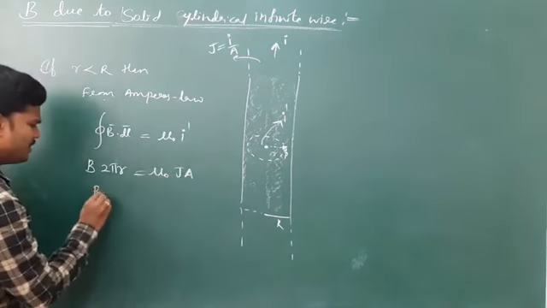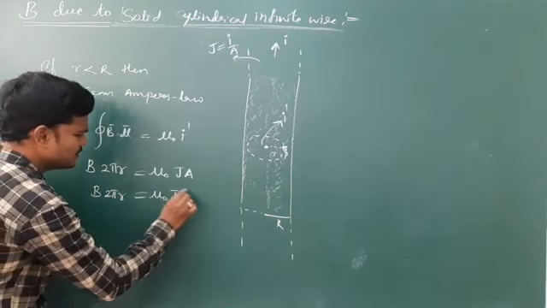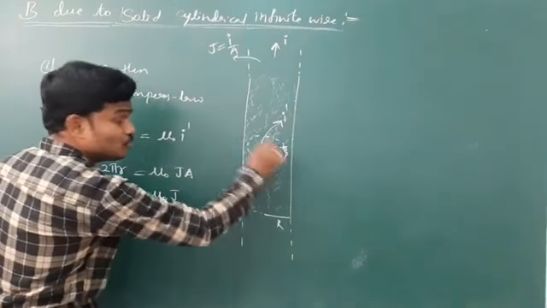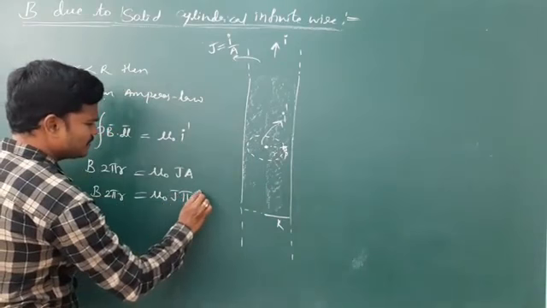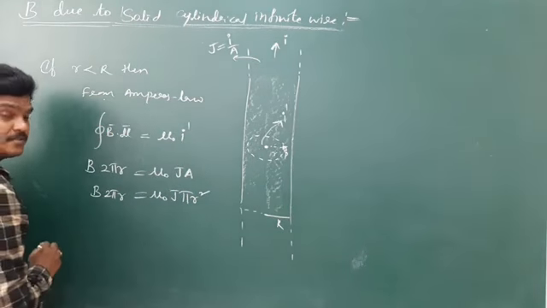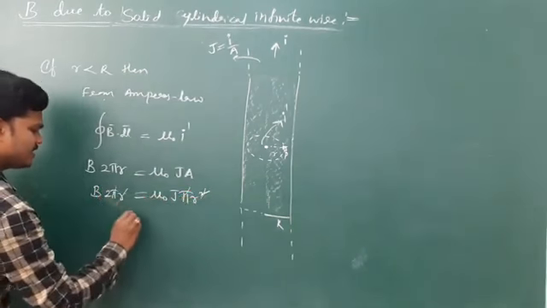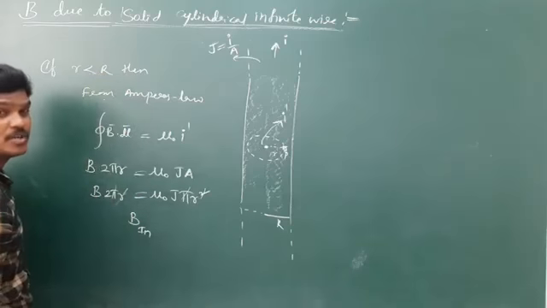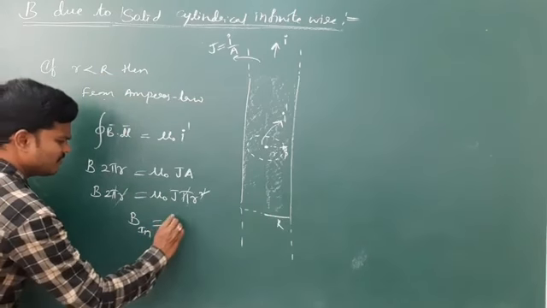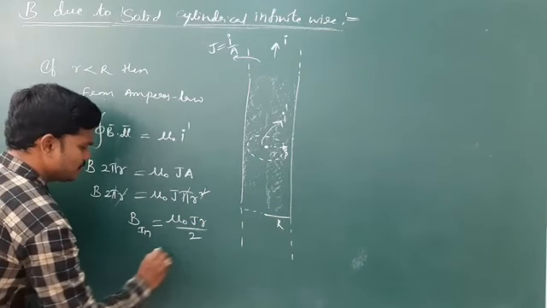Okay, so B 2 pi r equals mu naught J, and the area occupied by this region is pi r squared. So pi r gets cancelled. B, this is inside, r less than R means inside, which is equivalent to mu naught J r by 2.